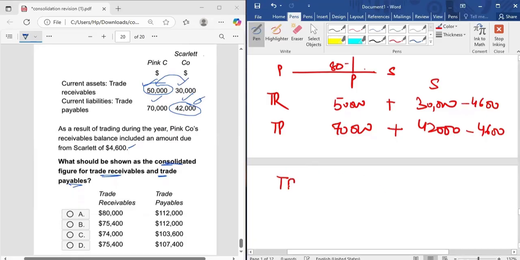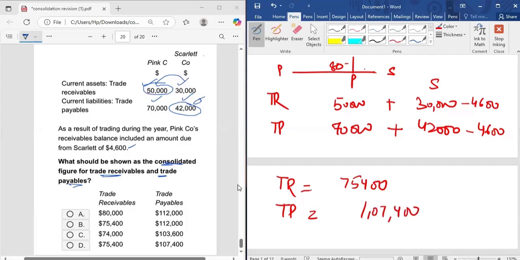So the trade receivable figure is 75,400, and the trade payables figure is 70,000 plus 42,000 minus 4,600, which is 1,07,400. So this is option D.